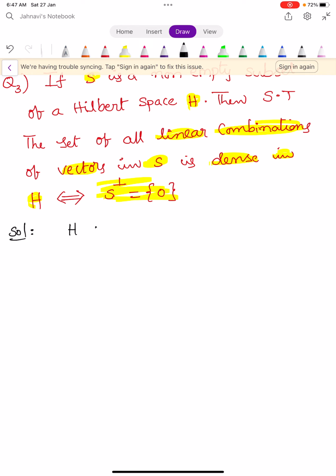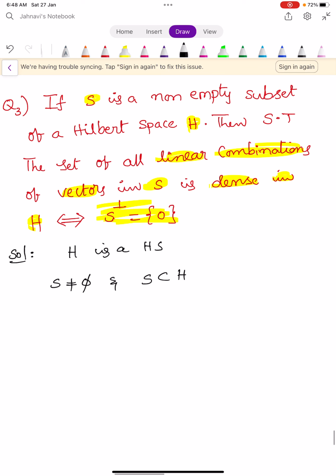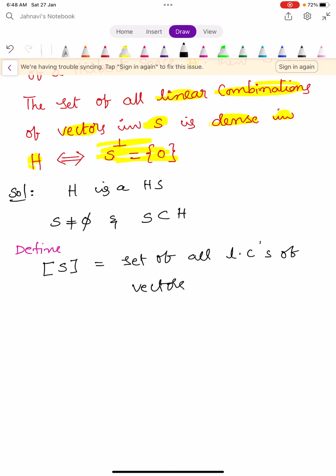Here in the introduction part, H is a Hilbert space and S is a non-empty subset of H. S is non-empty and S is a subset of the Hilbert space capital H. Now define a set box S. It is the set of all linear combinations of vectors of capital S. Remember this definition.